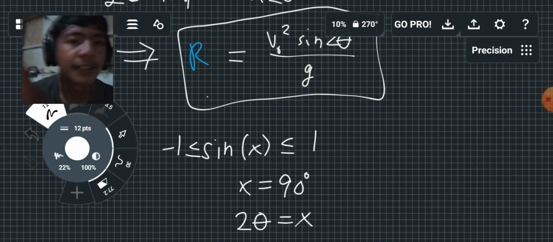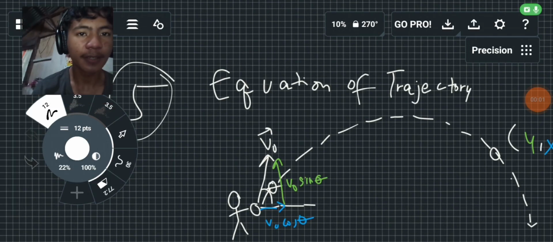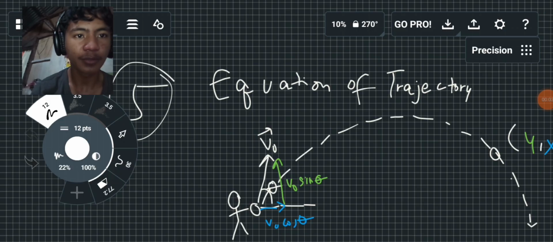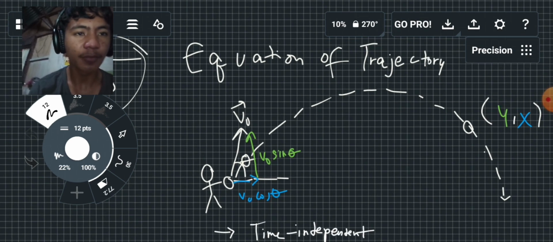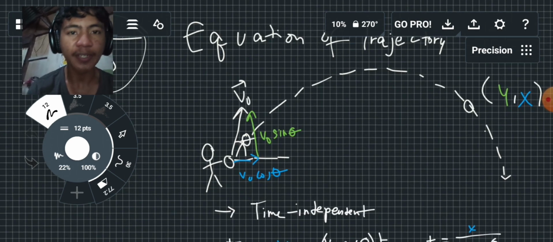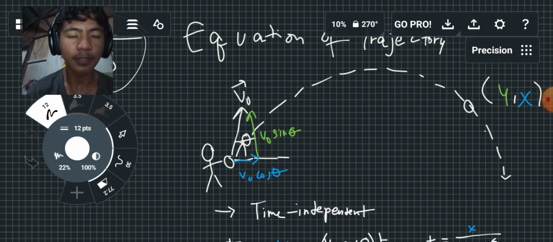So yes, that's it. Finally, we will do the equation of trajectory. This is very useful when, okay, picture this. You see an object in projectile motion.